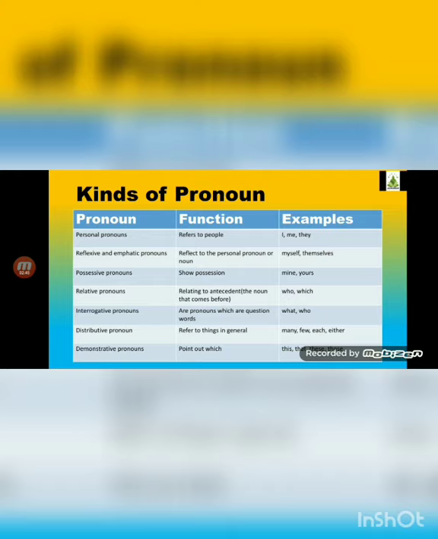So, personal pronouns. Personal pronouns refer to people. We use personal pronouns in place of persons or people that we are talking about. We use the first person pronouns I and we to speak of ourselves. For example, I like ice cream.